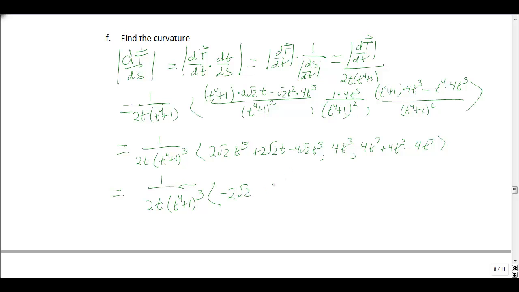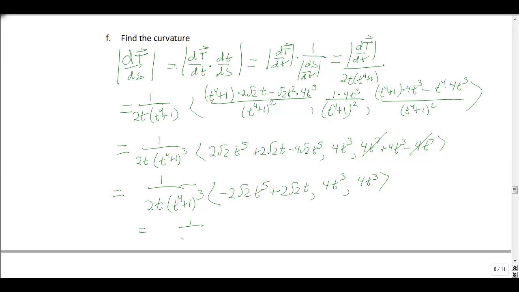Negative 2 square root of 2 t to the 5th. These two will subtract off from each other. And I get plus 2 square root of 2t, comma, 4t cubed. And then here, these 4t to the 7th cancel. I get 4t cubed there as well. One thing I'll note is this t I could cancel out, and I could get a 2.